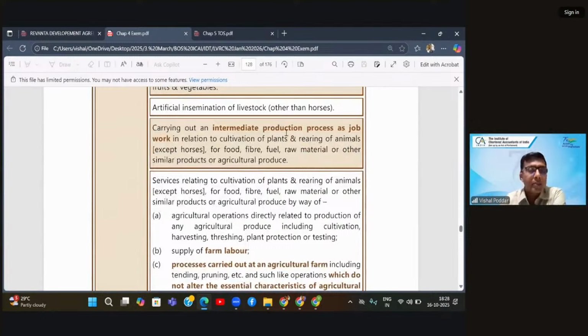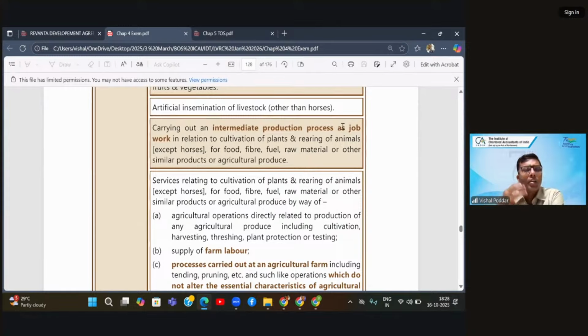Next, wherever any part of the agricultural process is outsourced in the form of a job work, where somebody else is performing this particular work. So let us say after growing of my produce, I need to clean it.